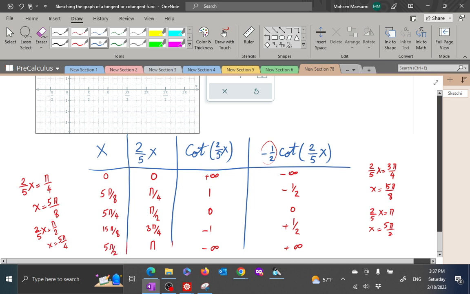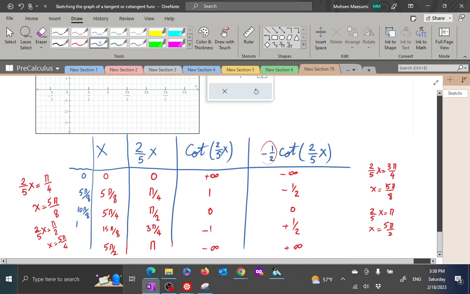Let's see, maybe this time we actually benefit from cleaning this up somewhat, because on the horizontal axis we don't see these numbers. So common denominator is 8, so 0, 5 pi over 8. Multiply this by 2, so 10 pi over 8.